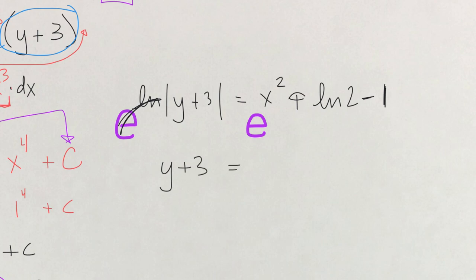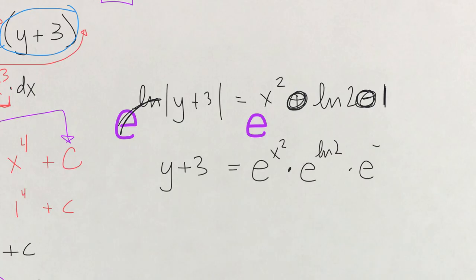And then we can raise e to each of these powers. So this is e to the x to the 4th times e to the natural log of 2 times e to the negative 1 power. So we don't just get rid of that minus. It becomes an e to the negative 1 power.